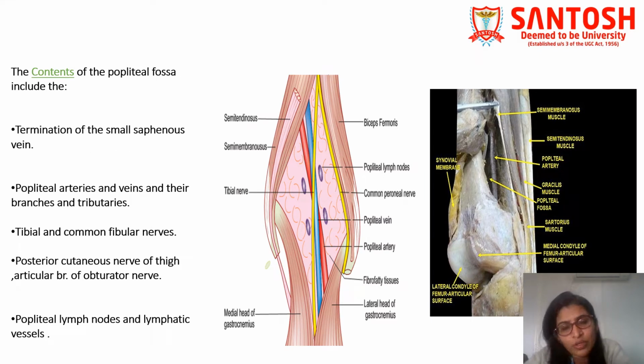Now whenever we talk about a fossa, we should know about the contents. What are the contents of that fossa? Now the contents of the popliteal fossa can be explained by this schematic diagram.